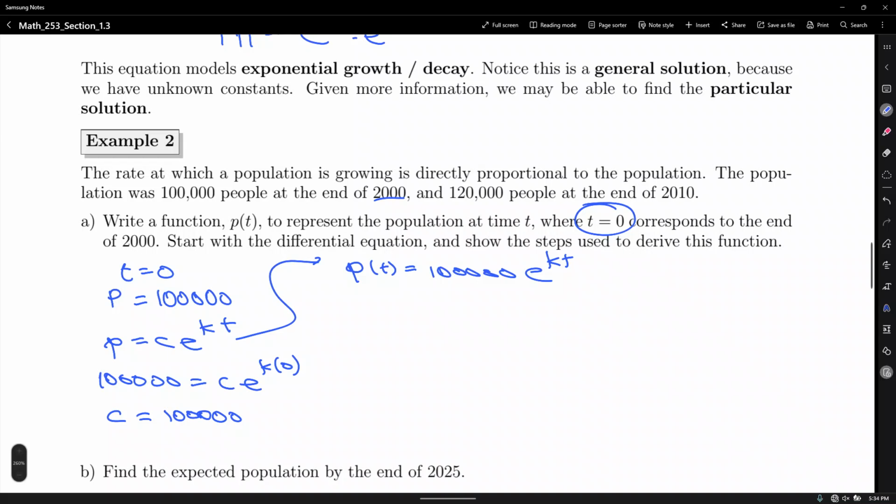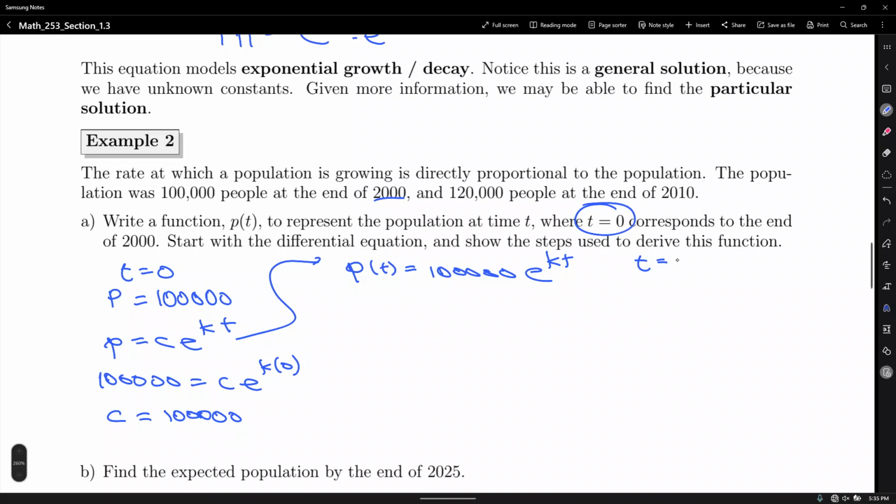All right, so now that we have our constant of integration, we're going to use the second piece of information. That is, at the end of 2010, we had 120,000 people. That is, when t equals, well, that's supposed to be 10 years after, right?